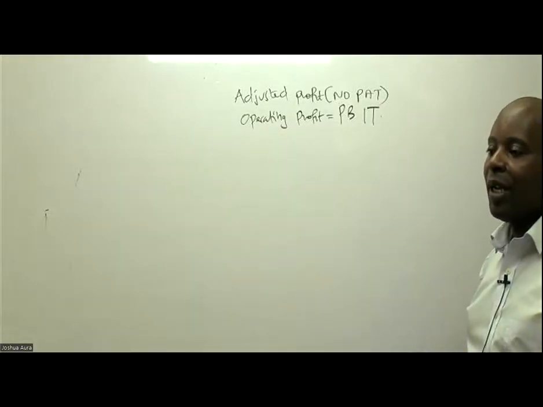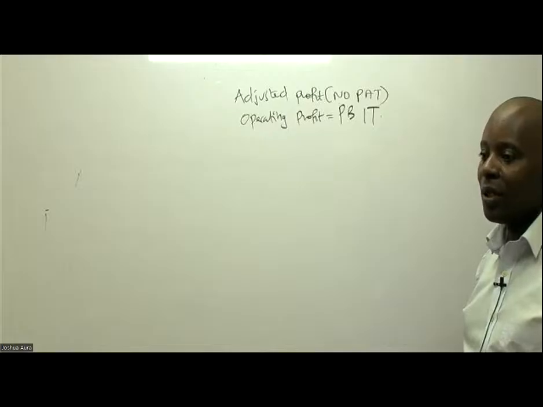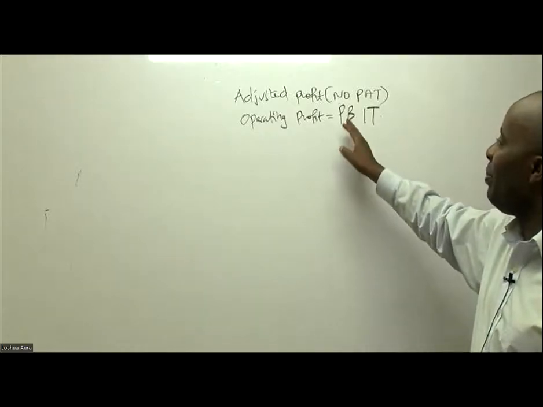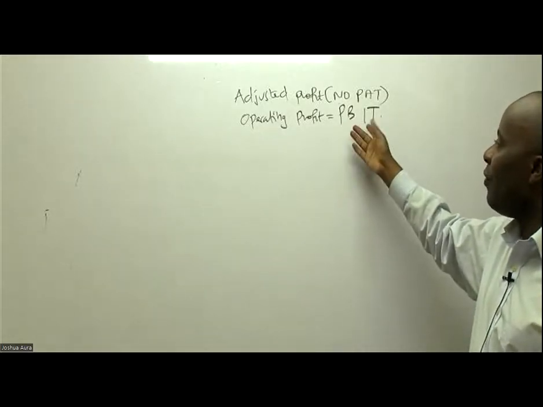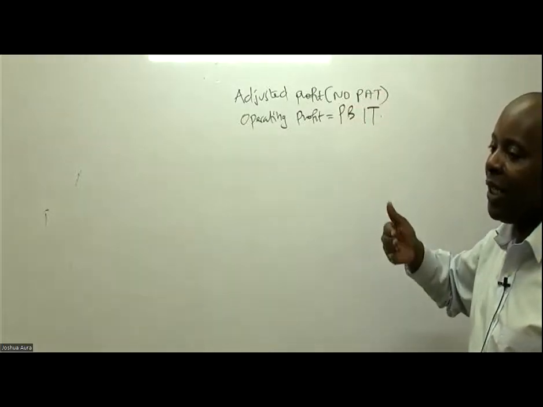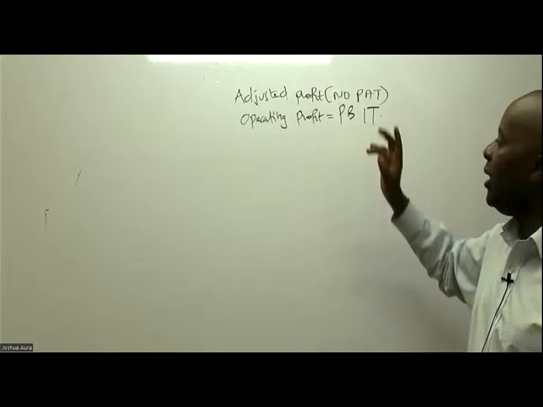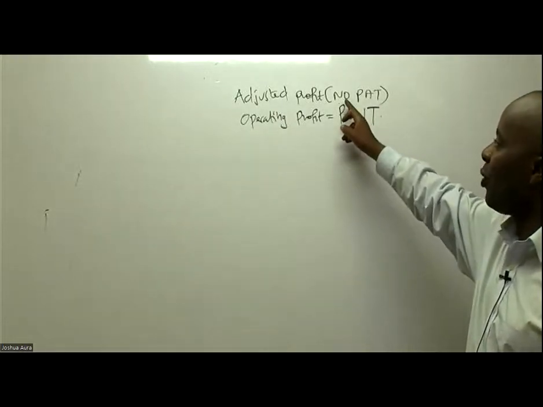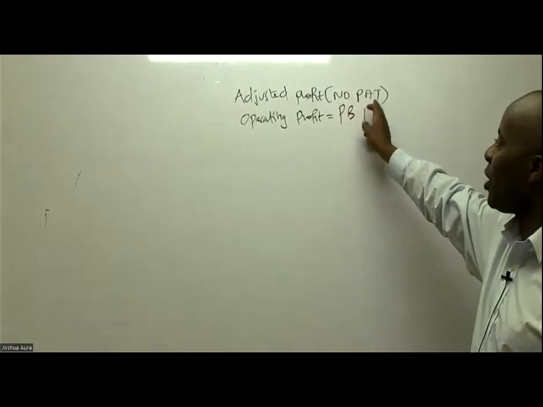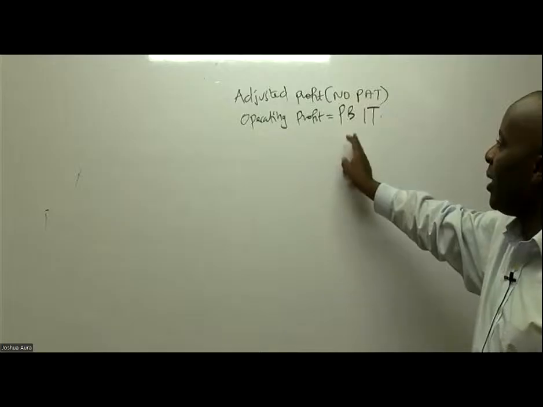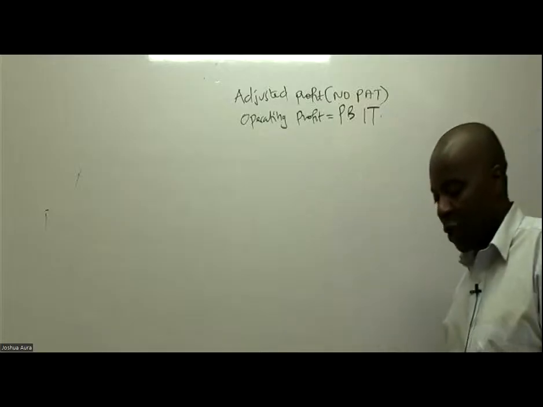What you are supposed to do to get this PBIT is very easy: just look at all the items affecting our profitability and leave out the interest and the tax. Later on, to get net operating profit after tax, we will adjust for the tax aspect. Now listen to me very well.